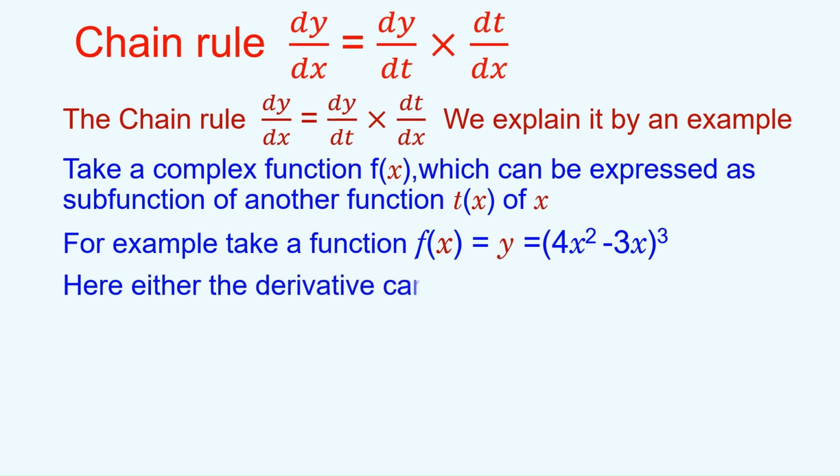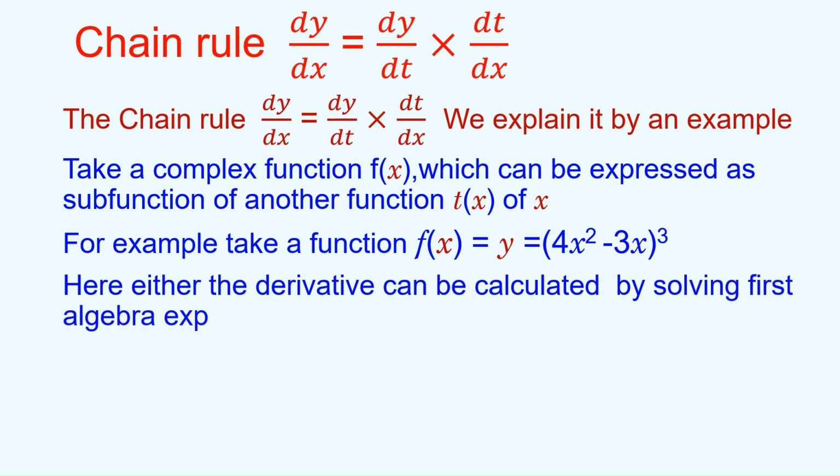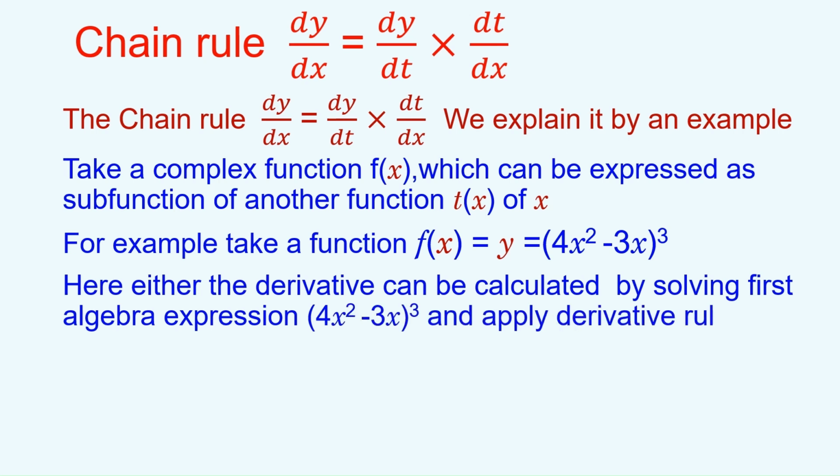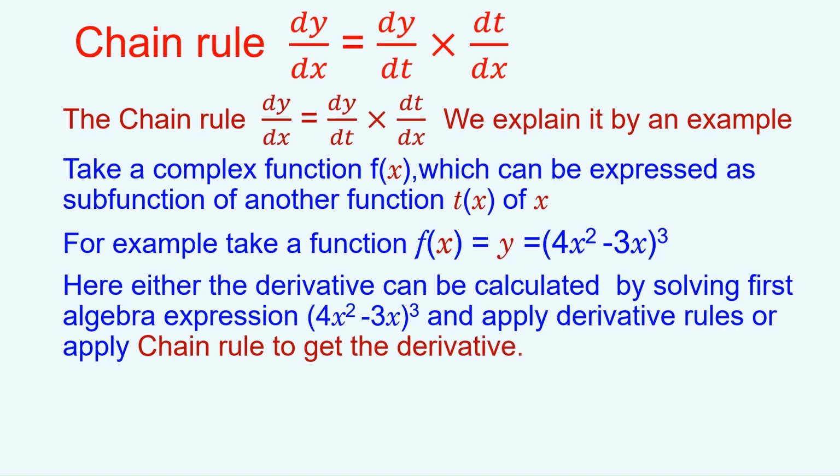Here the derivative can be calculated either by first solving the algebraic expression (4x squared minus 3x) whole cubed and applying derivative rules, or by applying the chain rule altogether to get the derivative.